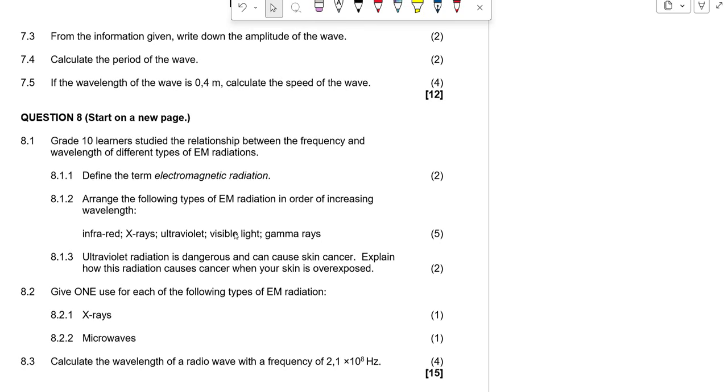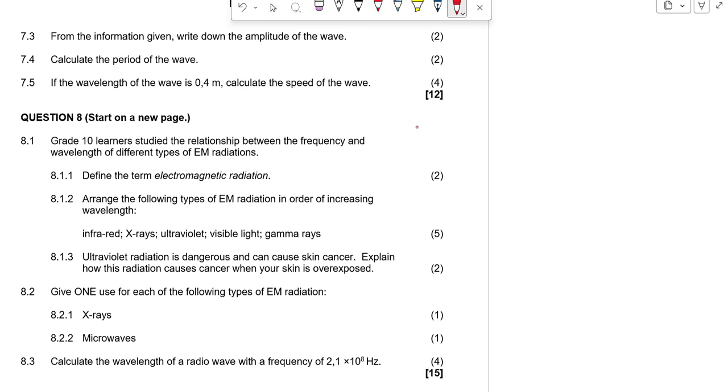Question 8. It says, grade 10 learners studied the relationship between frequency and wavelength of different types of EM radiation. Okay, so define the term electromagnetic radiation.